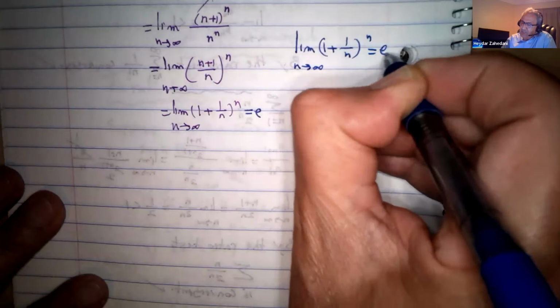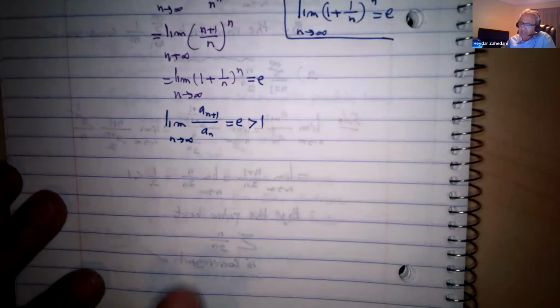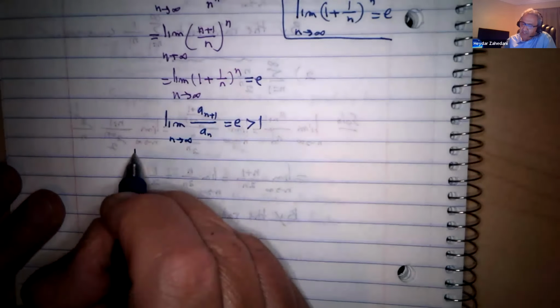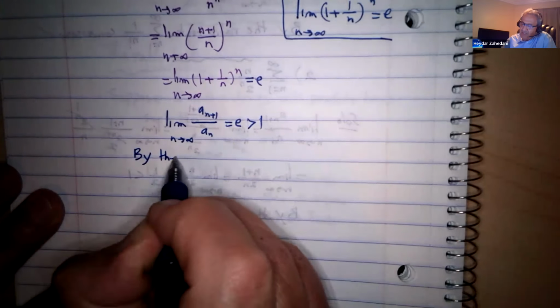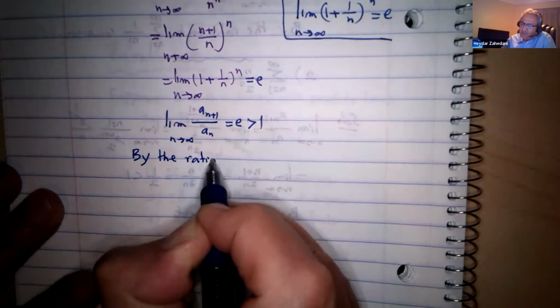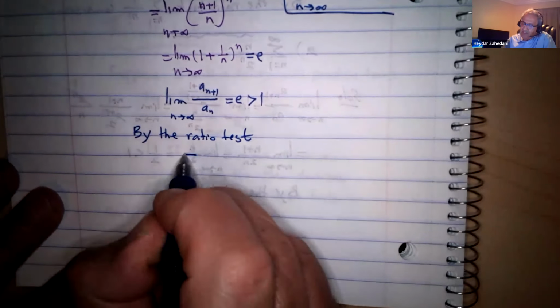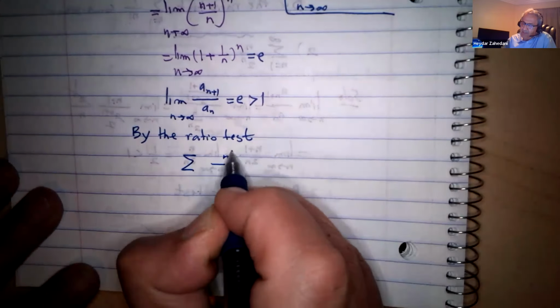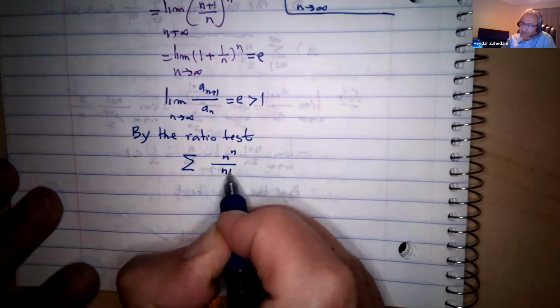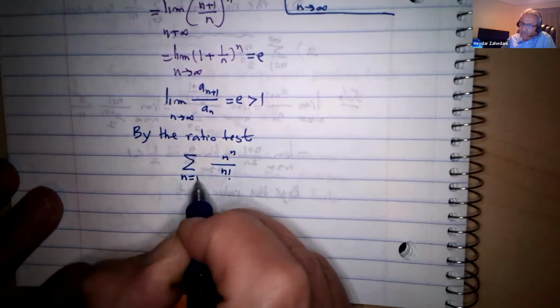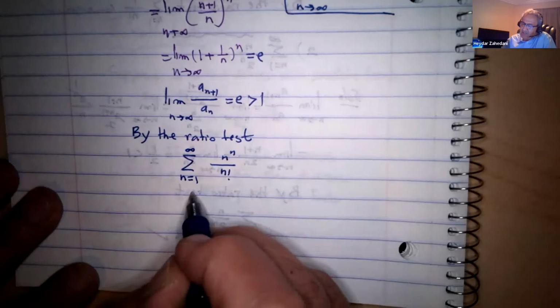Okay, so what we did, we proved that the limit of a_(n+1) over a_n when n goes to infinity is equal to e. Remember, e is 2.7, so e is bigger than 1. Since it's bigger than 1, by the ratio test, the series diverges. So by the ratio test, the given series sigma of n to the n over n factorial, when n goes from 1 to infinity, is convergent.